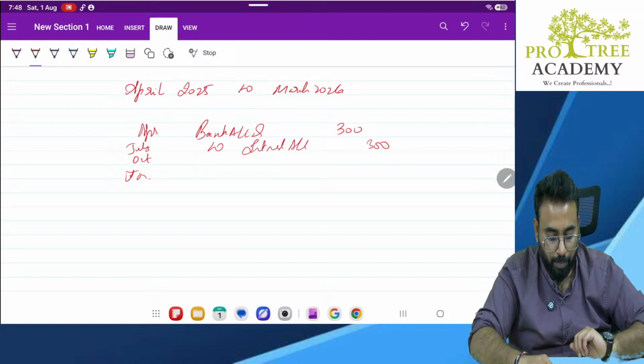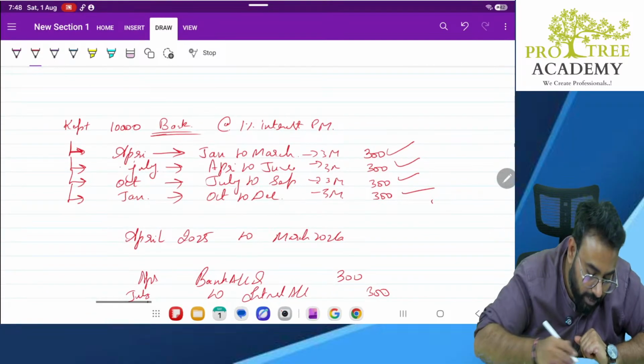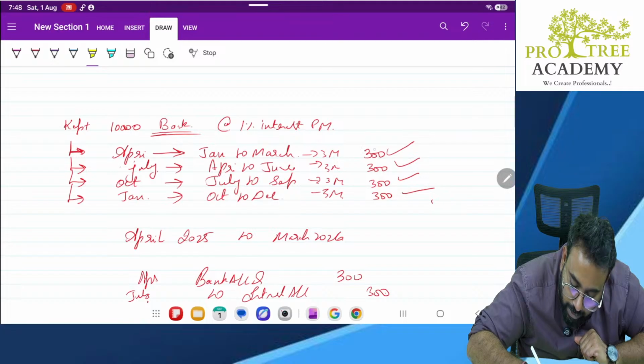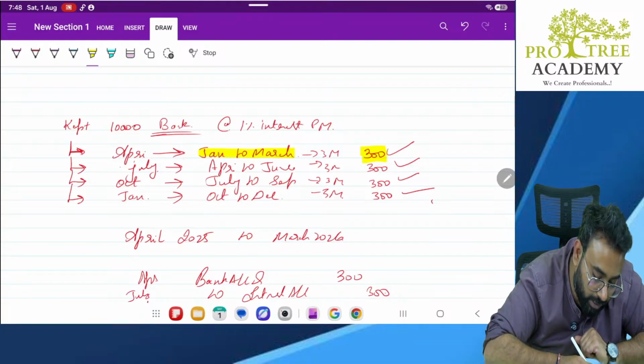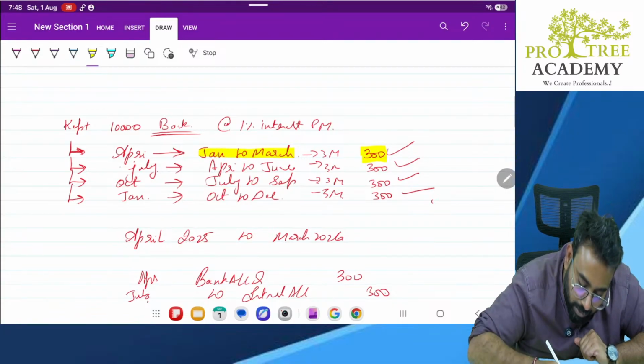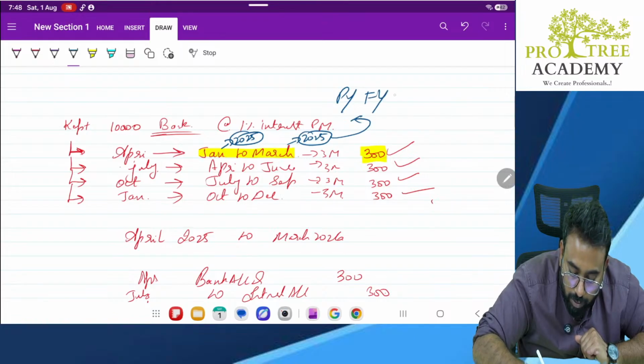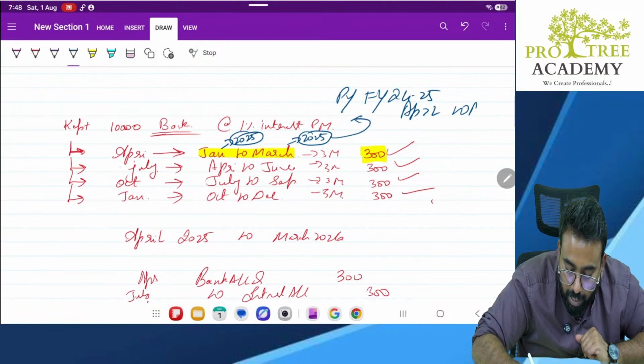Now my question to you: this 300, for which period is it paid? January to March. Which January to March? January 2025 to March 2025. This period belongs to the previous financial year, that is April 24 to March 25.